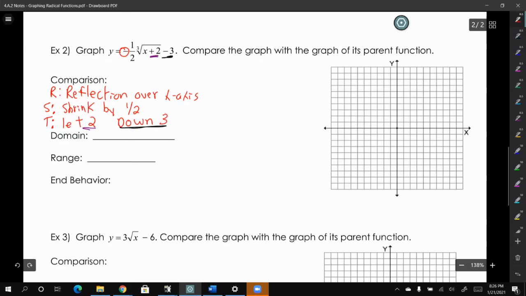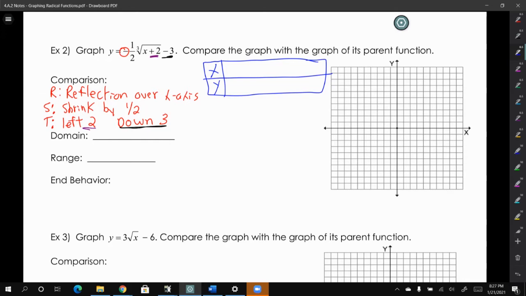So we're doing the same thing that we did with the square root function. The first step will be to make our table, but this is a cube root function, so we have to use that cube root table from the first page. In the cube root table, the x values went -8, -1, 0, 1, and 8.